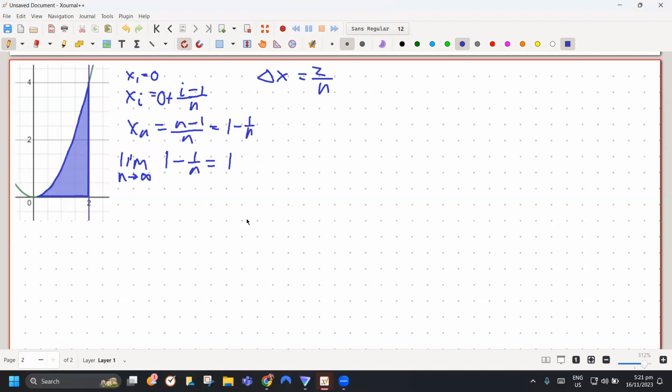Ganito, tingnan mo, x1. Try mo yung case na n is equal to 2. Tingnan mo.